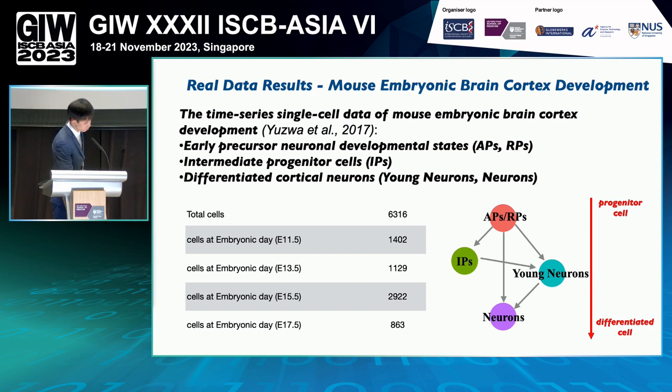Next, we will show real data. First, we test the human pre-implantation embryo data. We call it the HPE data. This data collected cells at multiple time points from day 3 to day 7. As you can see, the embedding structure of the data is very complex.